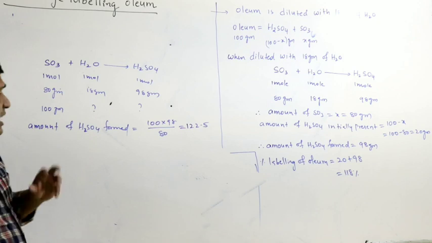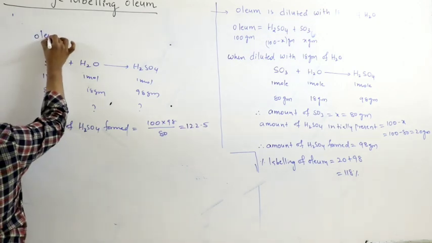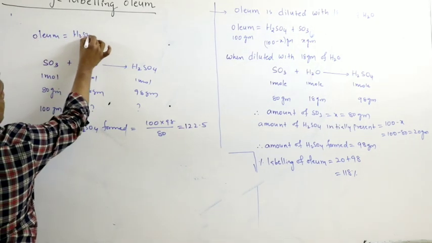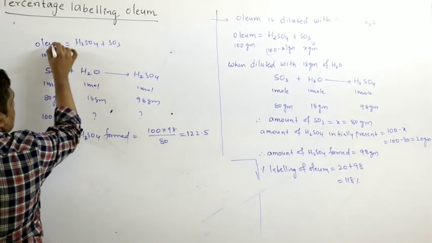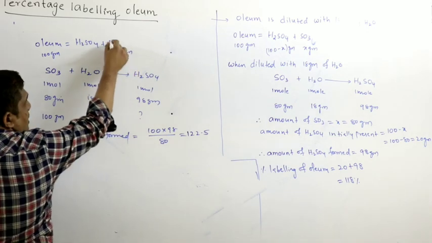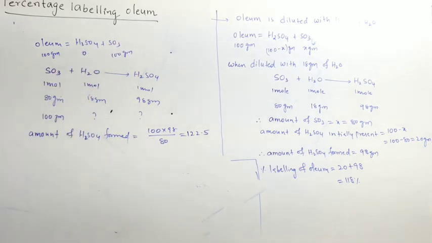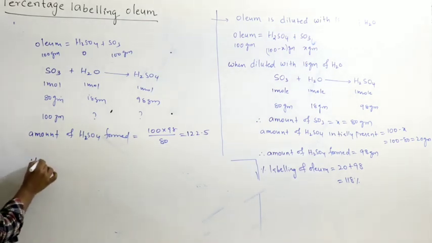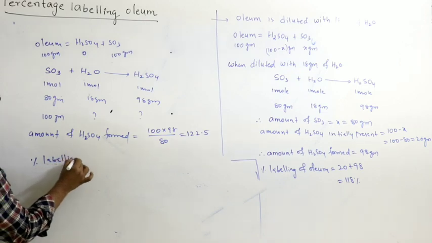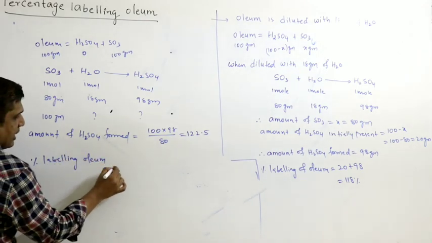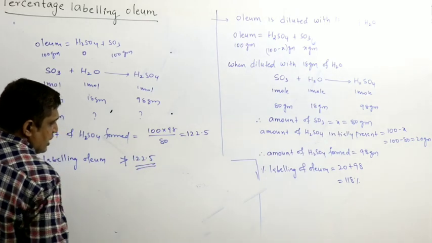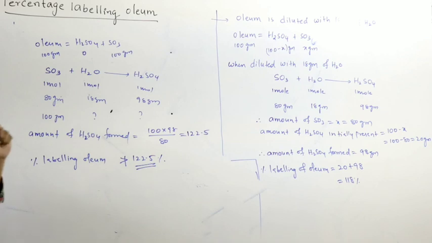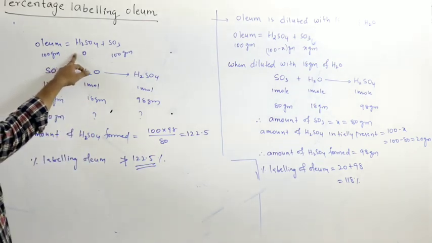But can I consider it as oleum? No, I cannot call it oleum. Why? Because oleum means both should be present. If all the 100 grams is taken as SO3, then the initial amount of H2SO4 present will be 0. That means the percentage labeling of oleum cannot be greater than or equal to 122.5 percent, because there should be at least some amount of H2SO4.